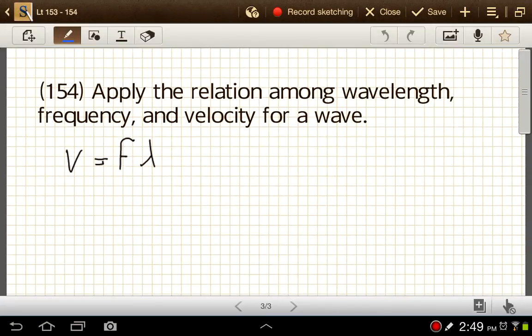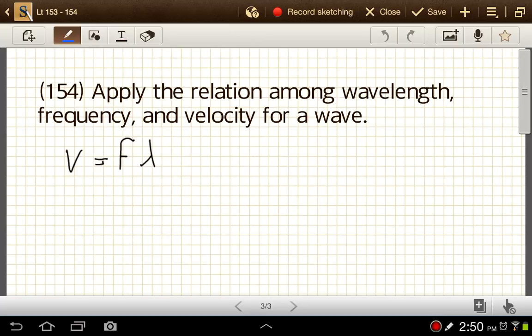The other thing we need to be able to do is apply the equation that we typically call the wave equation. Even though there are lots of equations we use with waves, this one is the wave equation. And that's just that speed of a wave is equal to its frequency times its wavelength. And wavelength is a measurement that we haven't talked about in this section before, but we did in our previous class together.